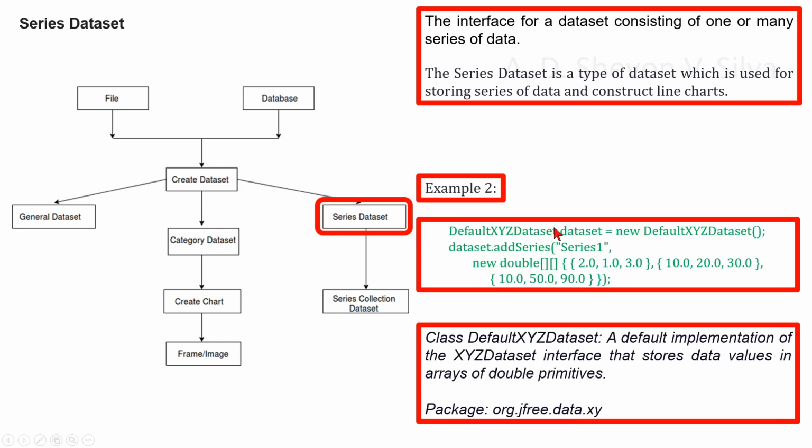As example 2, we can consider this code segment. Here the class DefaultXYZDataset, the default implementation of the XYZDataset interface that stores data values in arrays of double primitives.